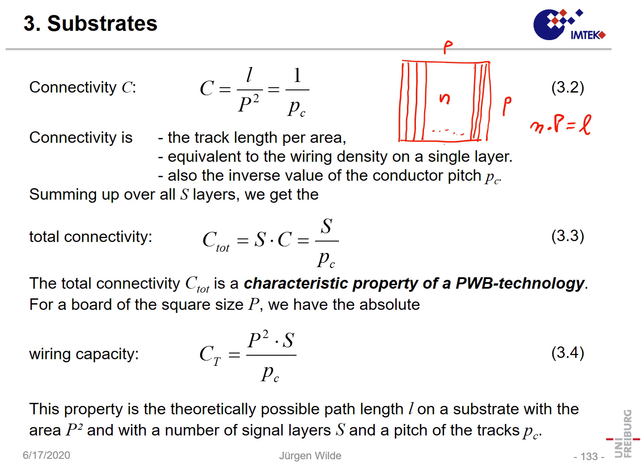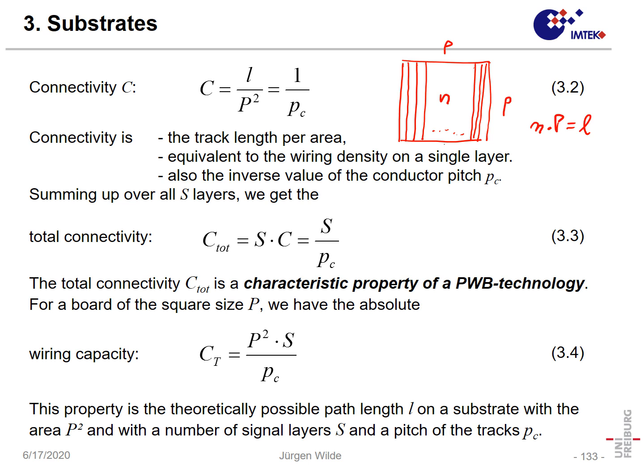You have the inverse of a length, so 1 per meter or 1 per millimeter, and it's the same like length per area. And in that way, we can see that we can get the connectivity, which again is a theoretical value, because again, we can only use maybe 50% or so of that connectivity.